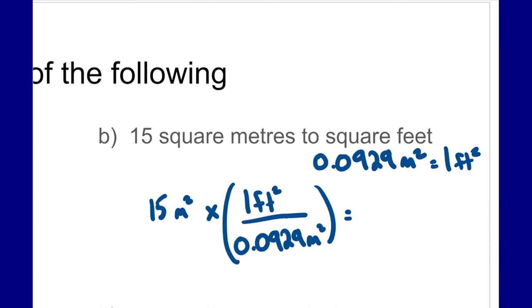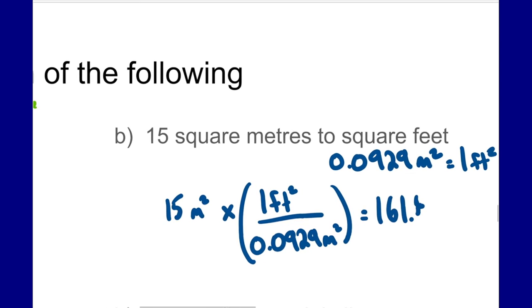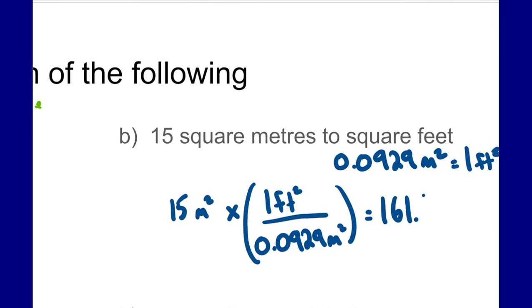So we do 15 times 1, doesn't change it, divided by 0.0929, and we get 161.46 feet squared.